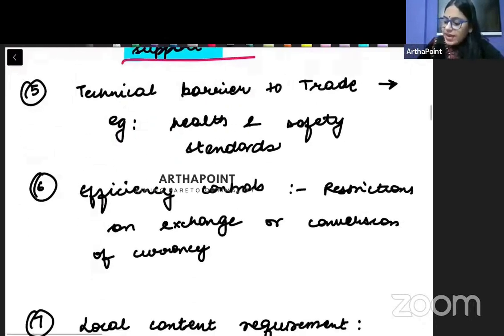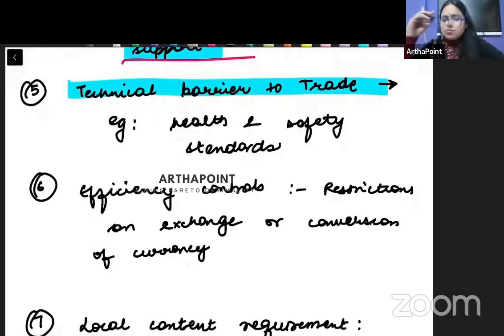Next, look, technical barriers to trade. The US especially does this a lot. What will the US say? Look, India is not producing a good quality product. India is not taking care of the health measures. India is giving us bad quality food. It is not taking care of these conditions when producing.